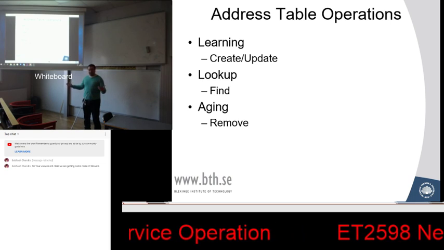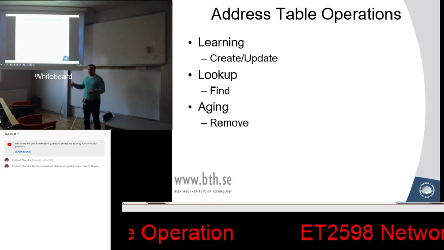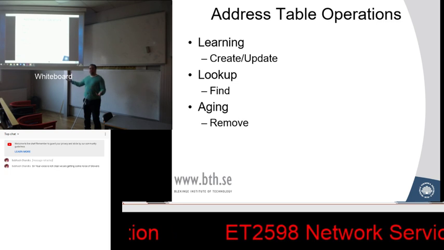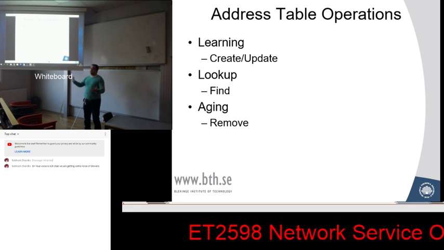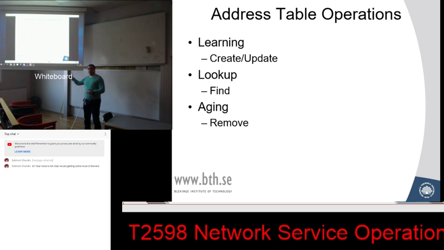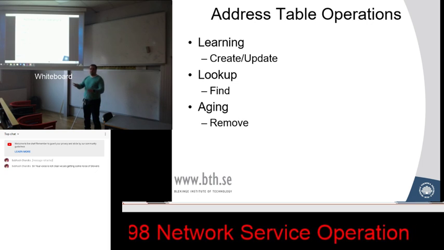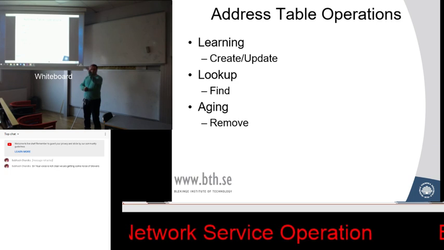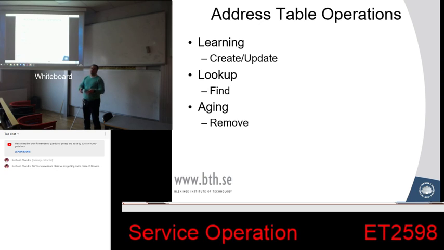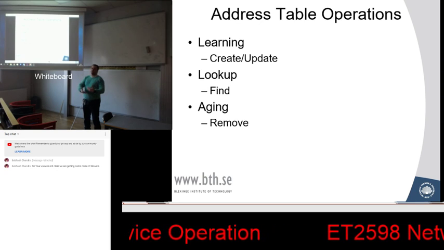It's a connectionless protocol. But at some point, B will generate a frame. Then I will get a frame with B as source on a port. Then I take B, put it in my list, B address, port number 3, over there. And this is how I learn things.